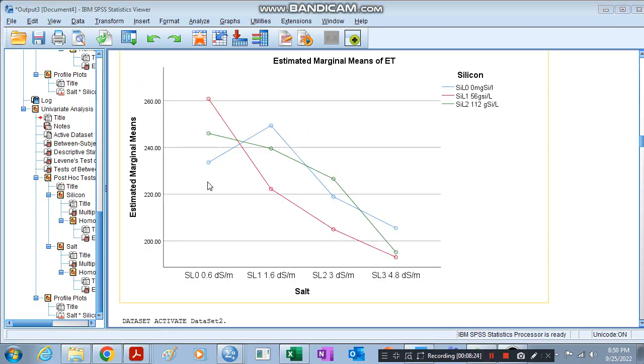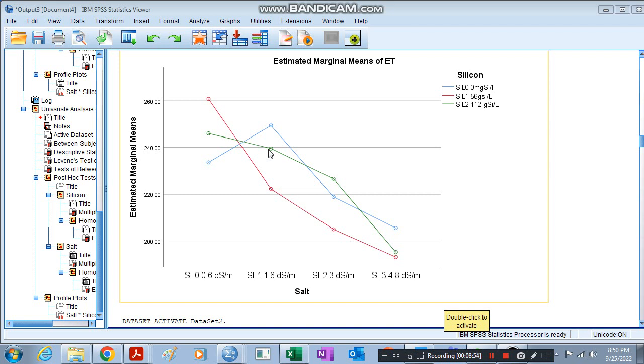As you can see, these are the plots we found here on the output page. It shows that as salt level increases, the evapotranspiration of the crop decreases, as you can see, across the different silicon levels. This is the zero silicon level, this one is the second one, and this one is the third one.